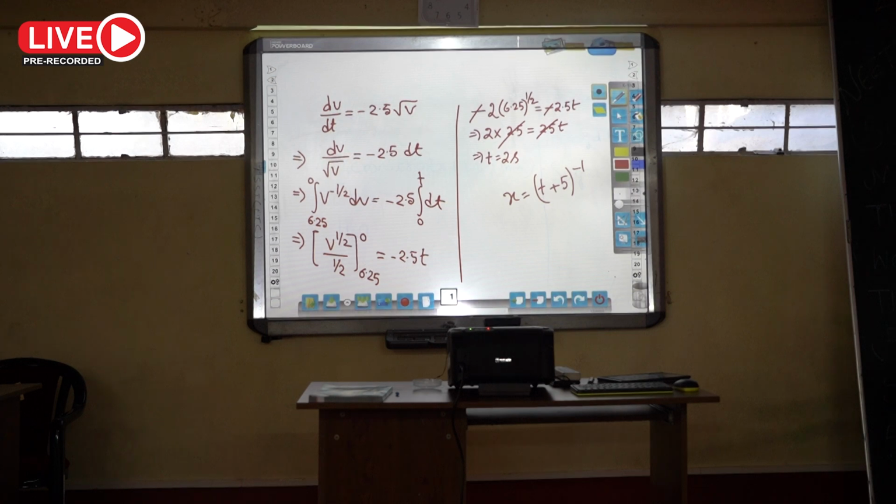Because three equations now you have. One is x in terms of time, one is velocity in terms of time, one is acceleration in terms of time. Then eliminate time to find acceleration in terms of velocity and distance and check which one is correct option.